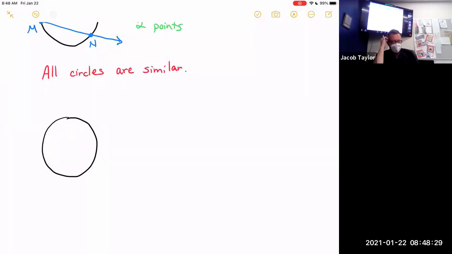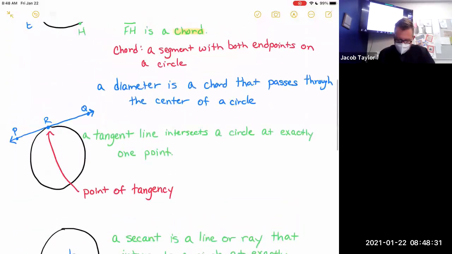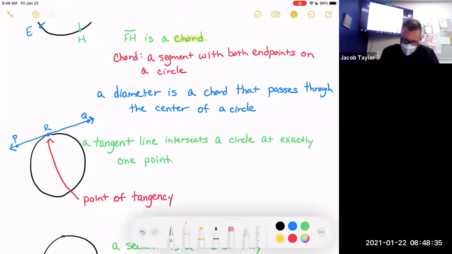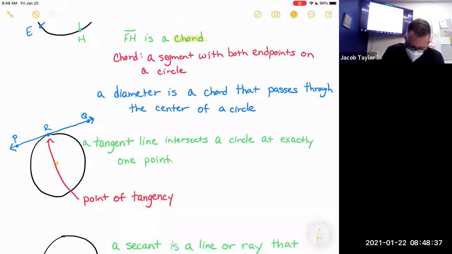No, it's not. In fact, don't put this in your notes because we're not ready for it yet. But if I went up here to the tangent line and I were to draw a radius going to the tangent line, that by definition intersects at a right angle. A radius will always intersect a tangent line at a right angle because the radius just goes to the edge of the circle, which is where the tangent line touches.